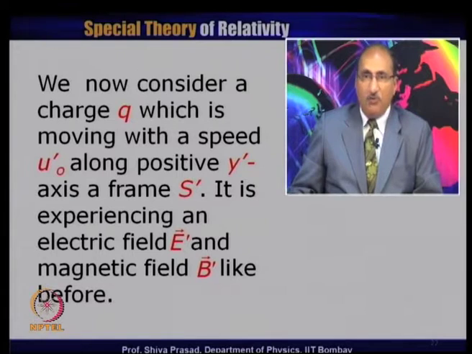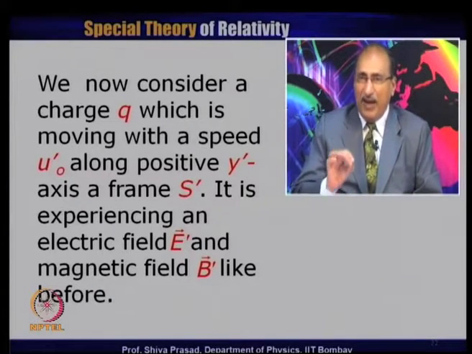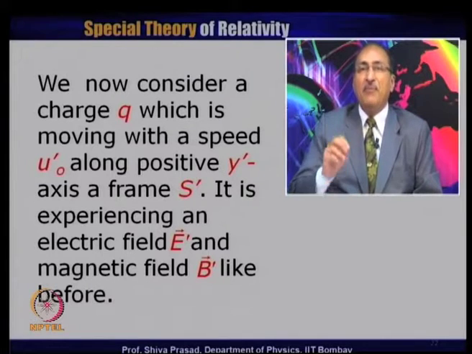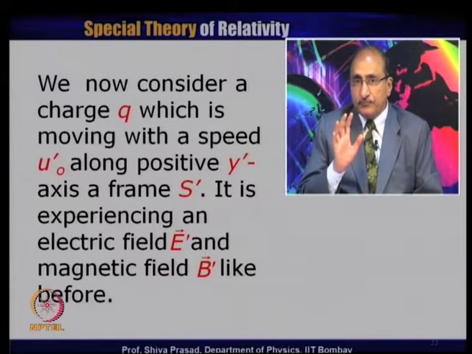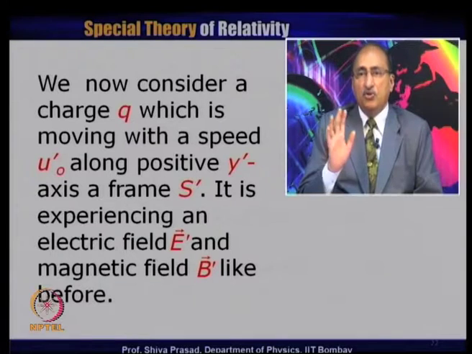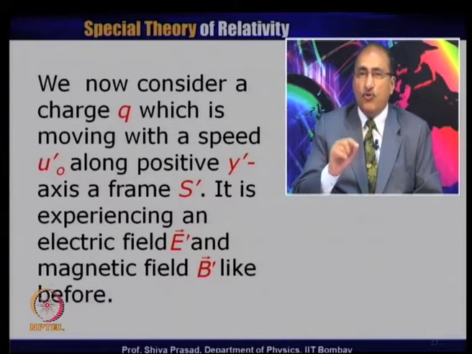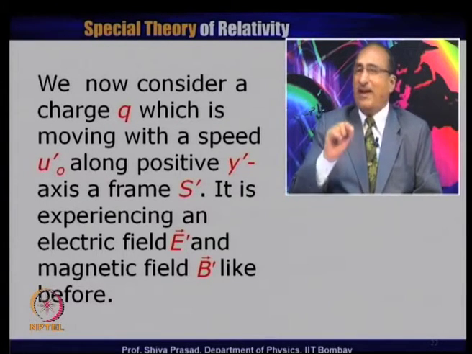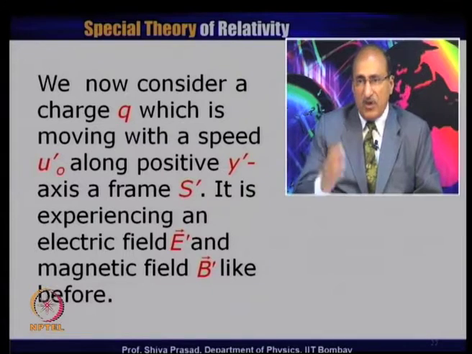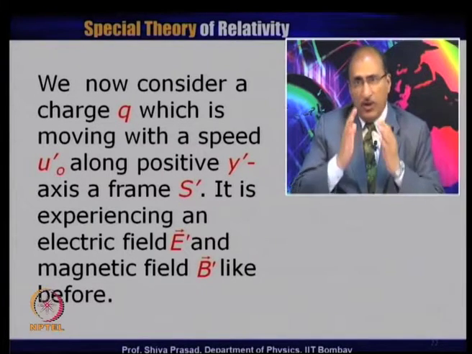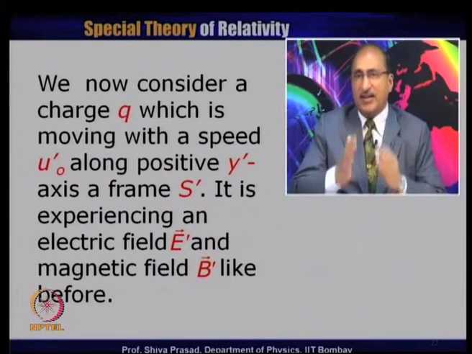Of course, like before, I will assume that it is experiencing an electric field E prime and a magnetic field B prime in this particular frame. Exactly the similar situation. The only thing that is different now is that I am assuming the particle is not at rest, and therefore, the Lorentz force will also have a term because of the magnetic field. So, let us write that particular term. Again we do the exercise, the methodology is exactly identical.